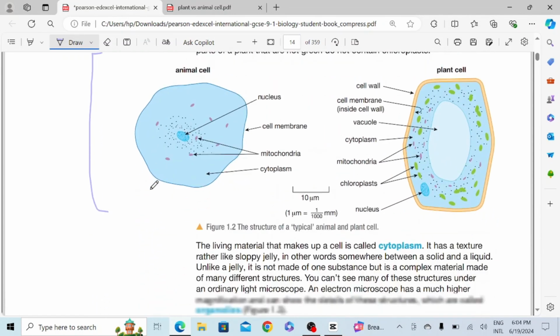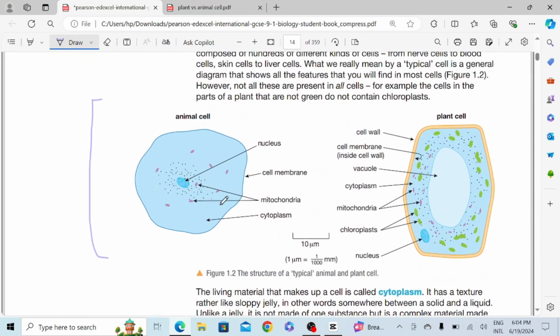Now let's move on to this topic, which is quite essential for this unit, and oftentimes you will come across questions on plant cells and animal cells. So this is an important topic. So let's see. The first thing that should catch your eye is that the shape of the animal cell and the plant cell varies, right?